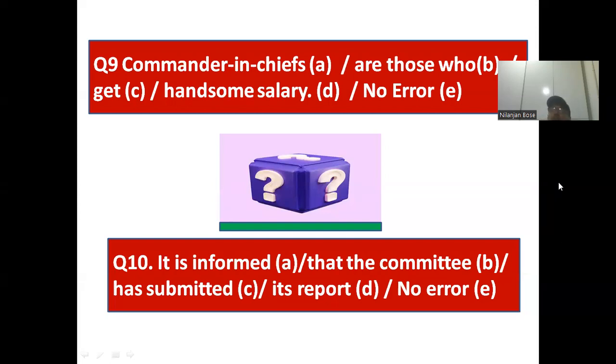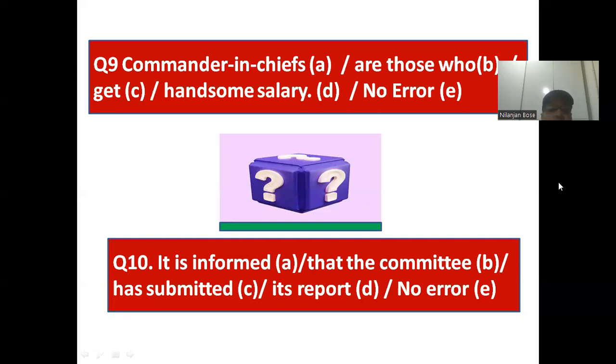Now the last question. It is informed that the committee has submitted its report. If you talk about the members of the committee, it is to be considered plural. But here, as a whole or as a unit, the committee is playing the role of a singular subject. So accordingly, the verb will be singular.